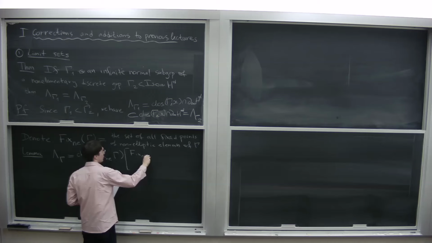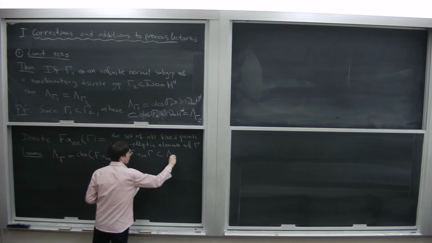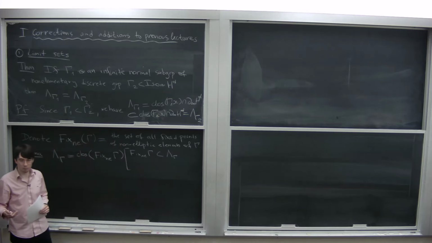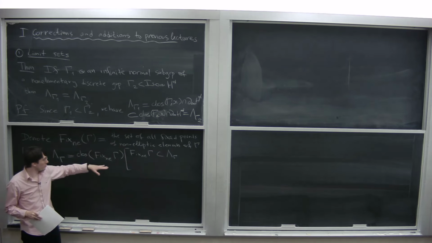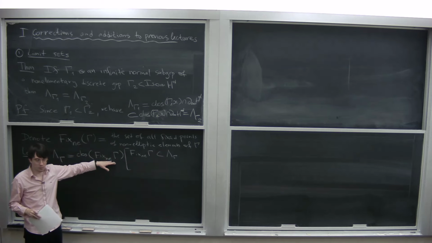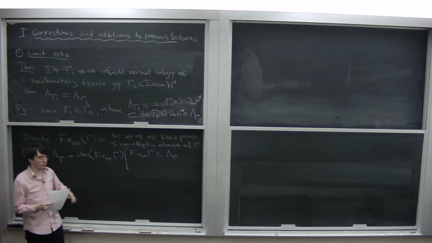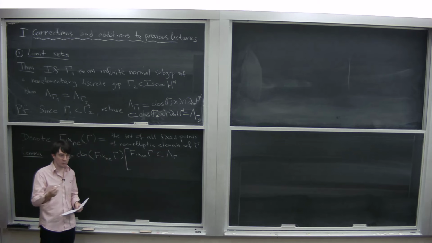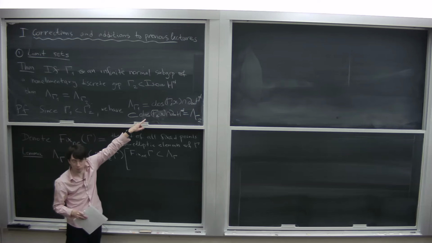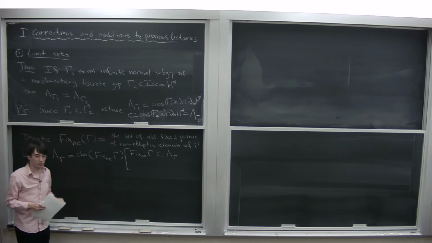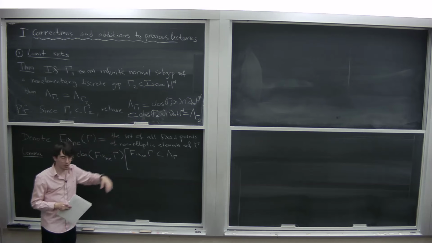First of all, the fixed point set of all non-elliptic elements of gamma is contained in lambda gamma, right? We already discussed that, yeah? That parabolic and hyperbolic isometries have the so-called attractive fixed points. They are definitely limit points. For any hyperbolic element, both attractive and repelling fixed points belong to the closure of the gamma orbit, right? So definitely this is true, and then the closure is also contained in lambda gamma.